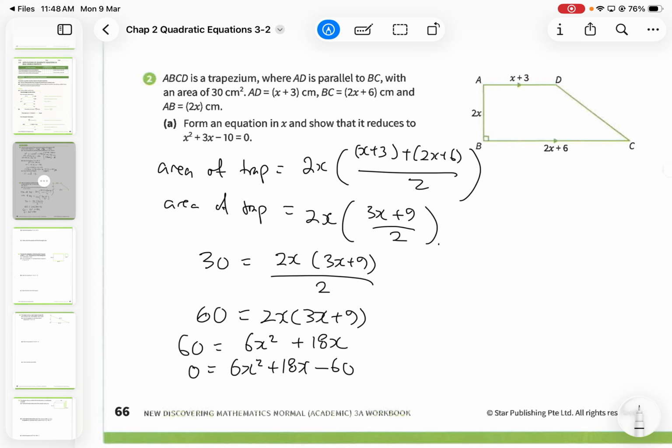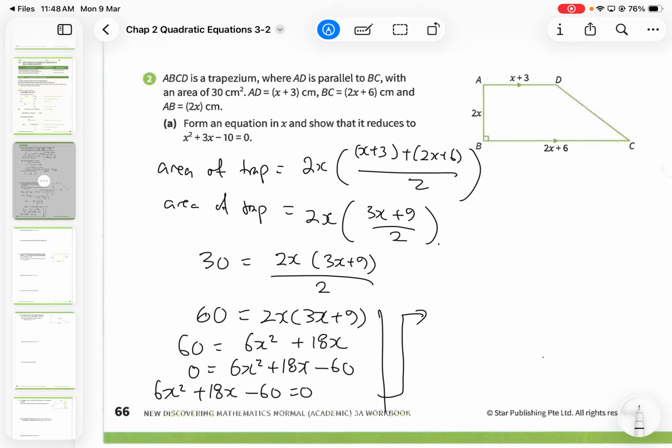Minus 60. Okay? Then, for them, the 0 is on the right. So I just need to switch the sides around. Okay? Then I simplify a bit.